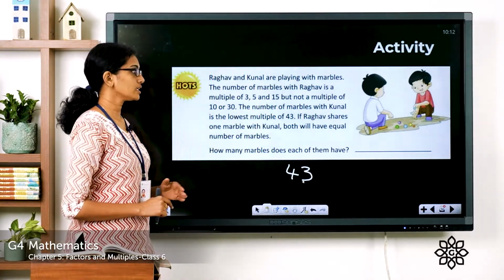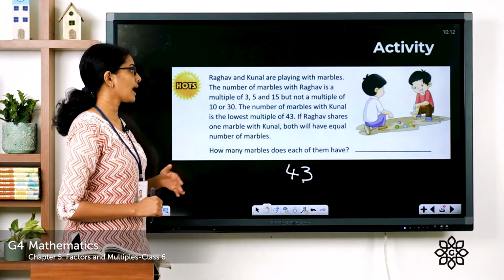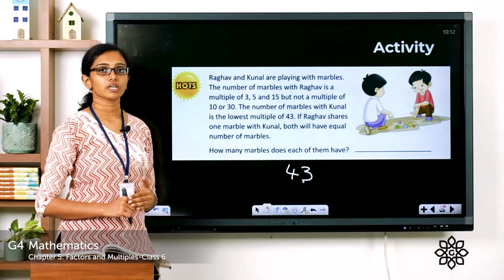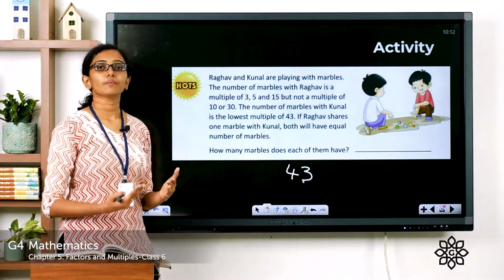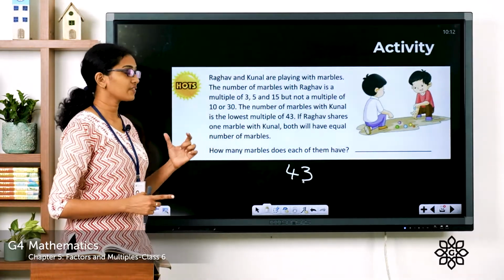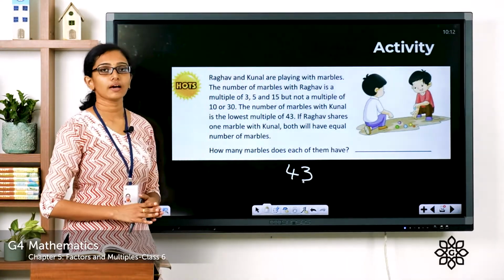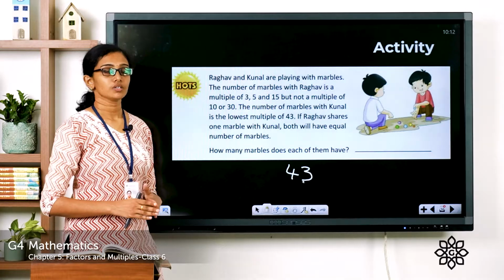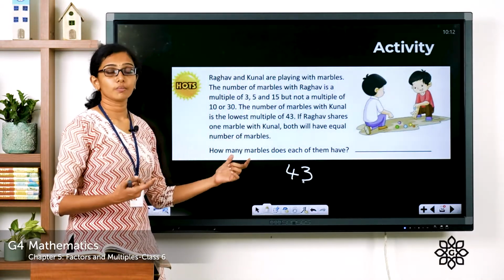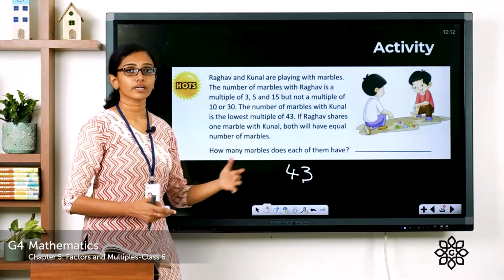And it is mentioned, if Raghav shares one marble with Kunal, both will have an equal number of marbles. We don't know the number of marbles that Raghav has, but it is said if he shares one with Kunal, then both will have the same number of marbles. So, what is the number of marbles that Kunal has when Raghav gives one to him?